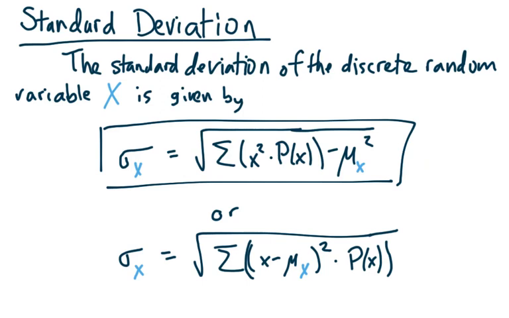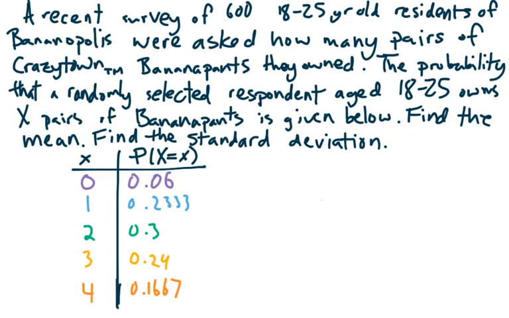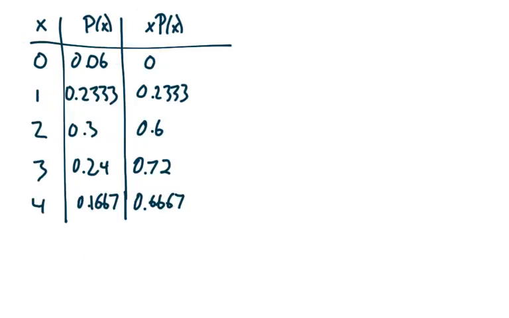So we're going to need to take the sum of a bunch of these products. So you think it might be helpful to have these products in a new column on our table. So here is the 18 to 25-year-olds. Find the standard deviation. So let's say I made you do the last question about finding the means, and you have this table from before, and you want to find x squared times p of x now.